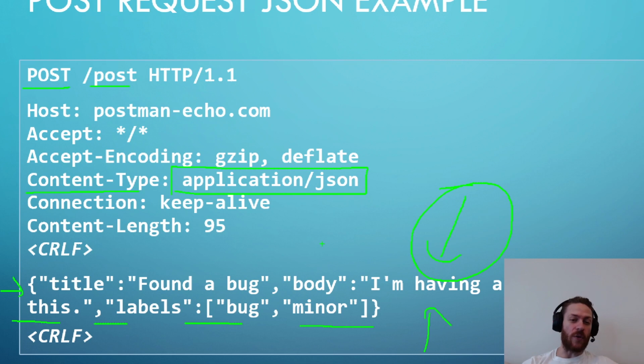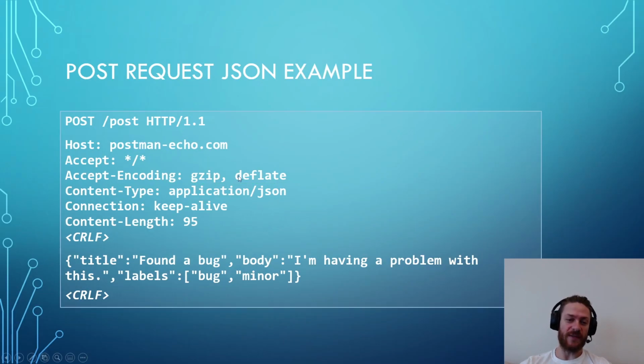If you are sending form data in a query string format, you need to specify the content type too. If you are sending a JSON format, in order for the server to understand you, you need to provide the content type application JSON. That's super important.